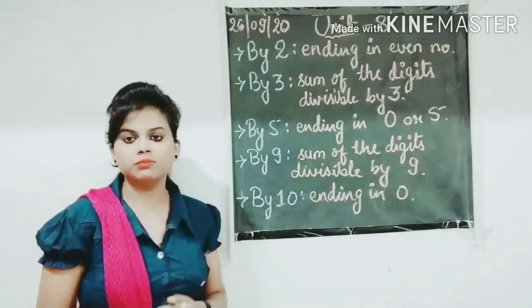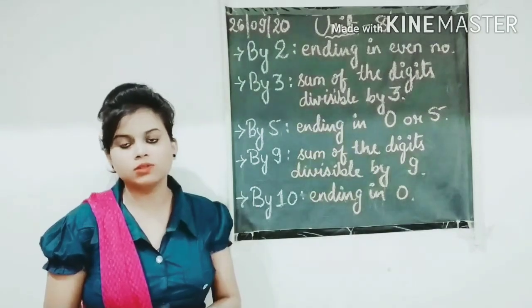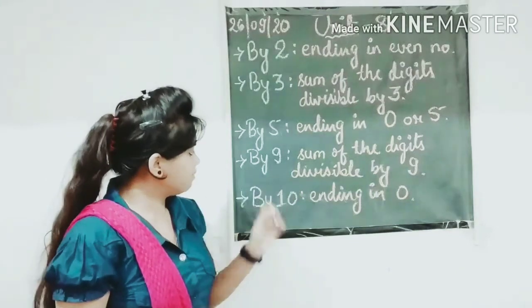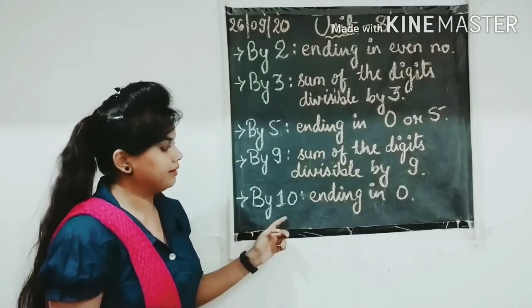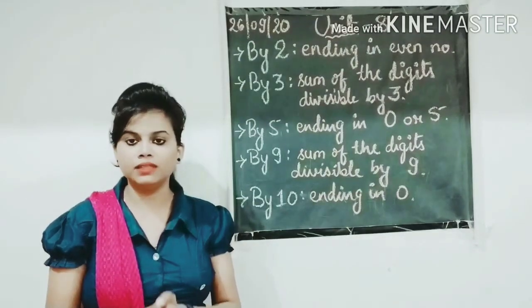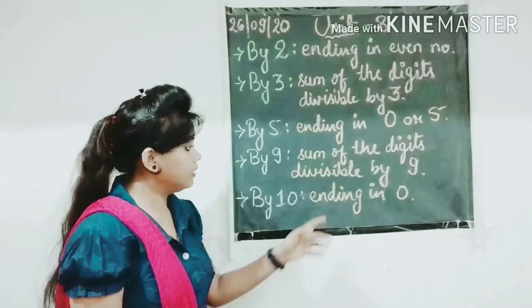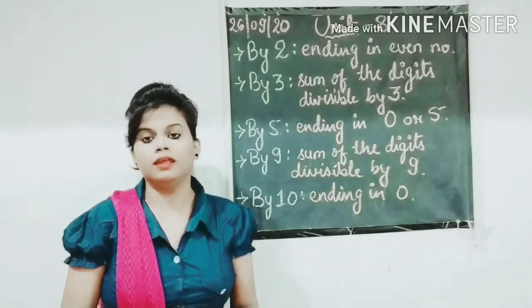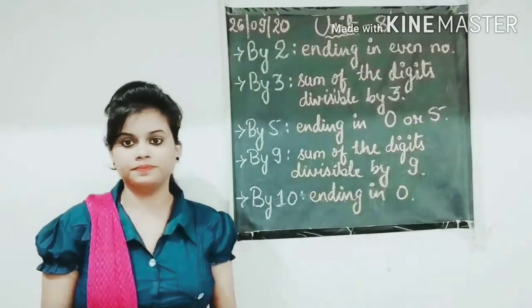A number is divisible by 9 when the sum of the digits is also divisible by 9. Next is divisibility by 10. A number is divisible by 10 only if it ends with 0. That means in one's place 0 must be there. Then only it is said to be divisible by 10.